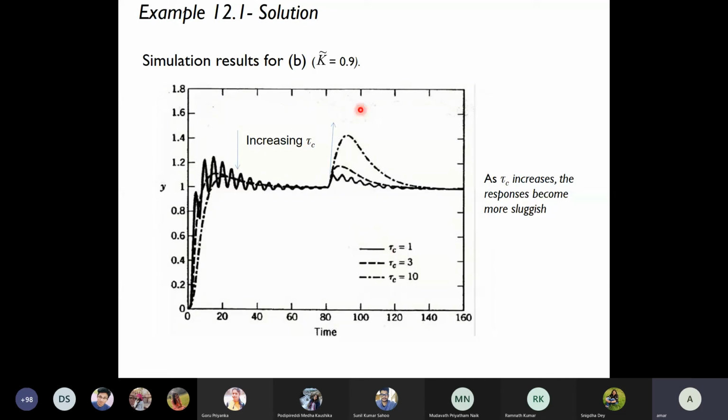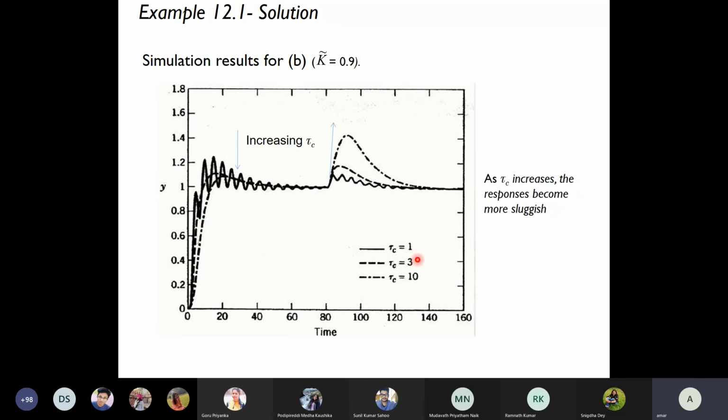But if I take k hat is equal to 0.9, then I find that tau c is equal to 1 will give you oscillation. Although it gives a very fast response, it gives oscillations. Whereas the tau c 10 response is pretty slow over here.